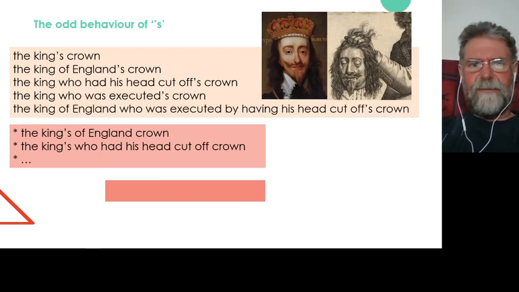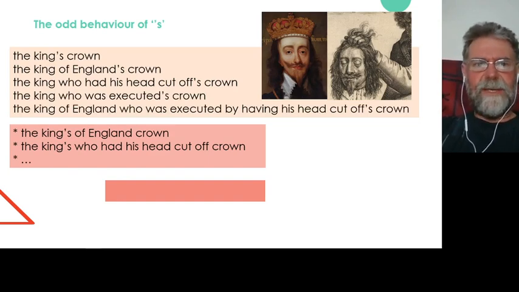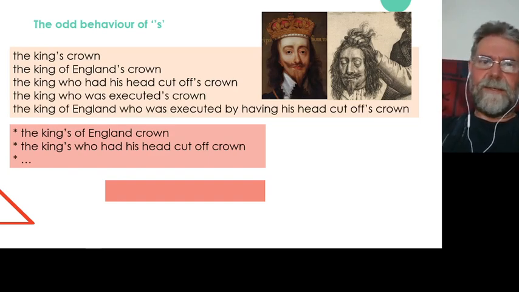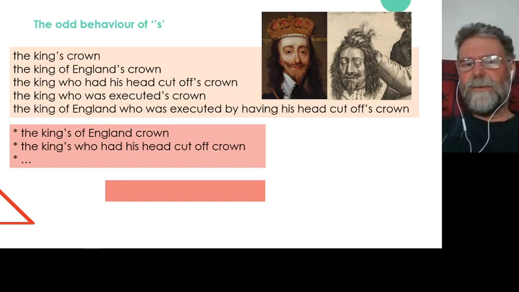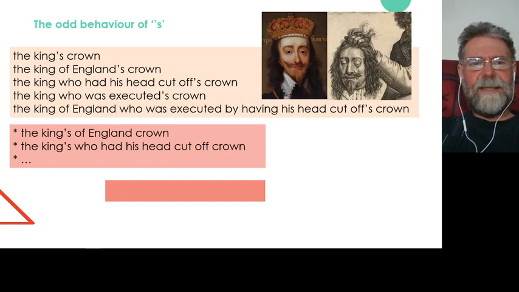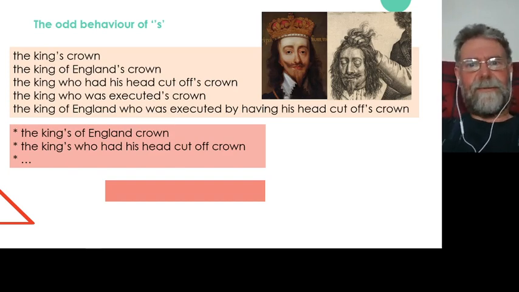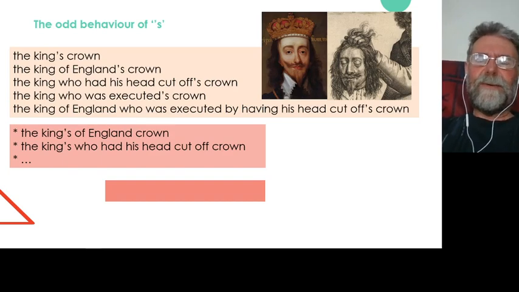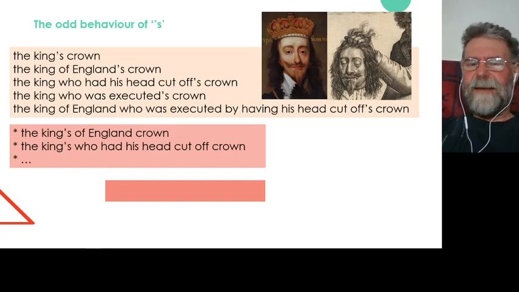And in fact, we can find lots of different cases where the S is attached to other kinds of words. So the king who was executed's crown, there we've got it attached to a verb. And even more long and complicated, the king of England who was executed by having his head cut off's crown. Okay, so this S thing does not seem to behave at all like a case morpheme does.